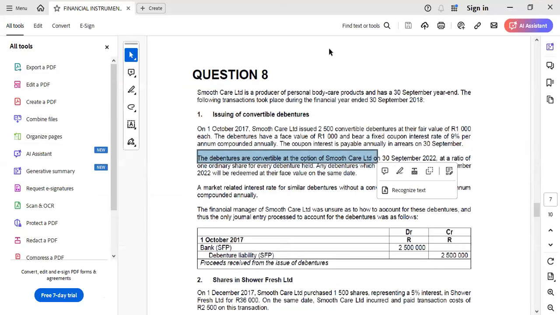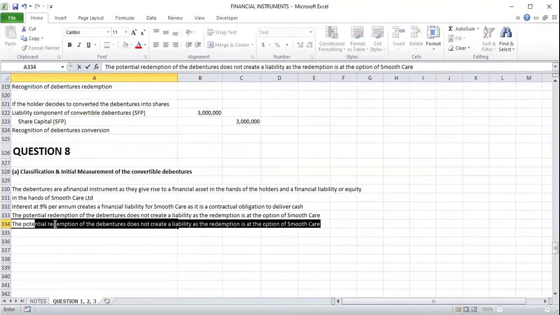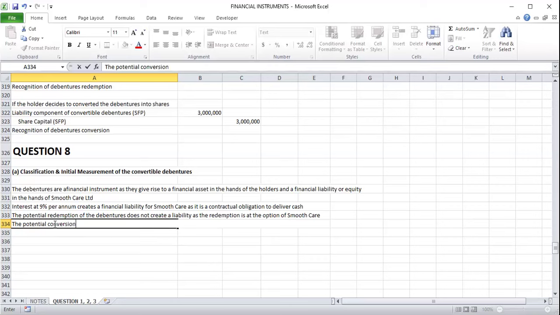Then the potential conversion of the debentures into equity at maturity creates an equity component.